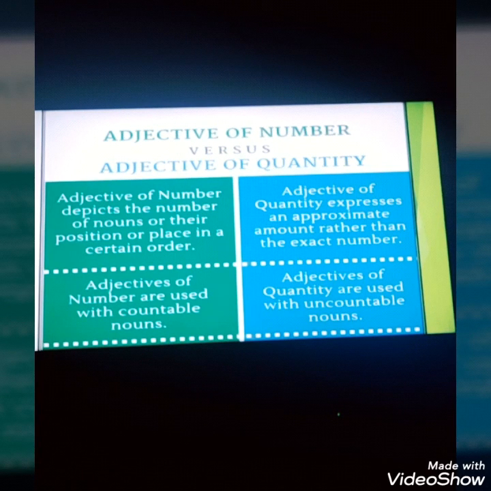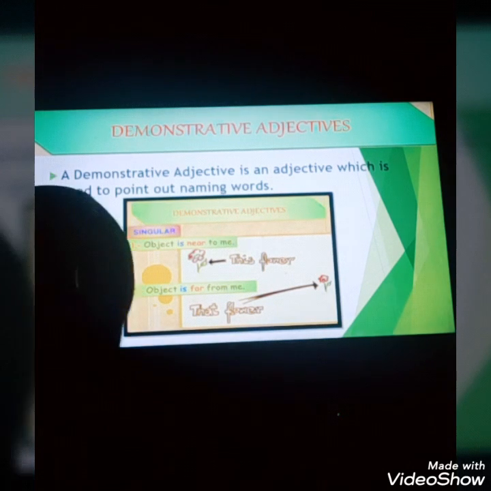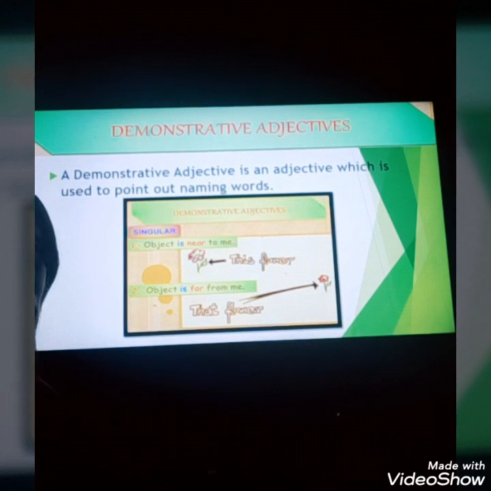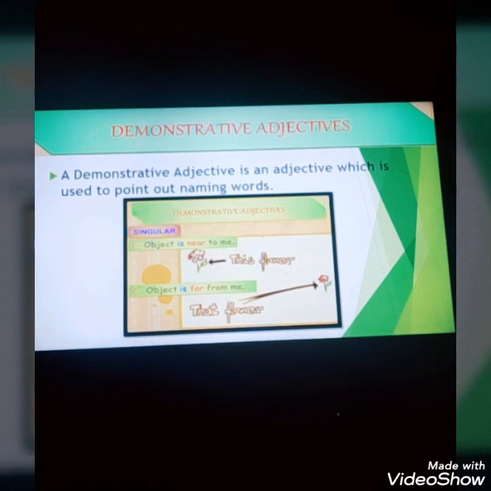Now let us learn the next kind of adjective, that is demonstrative adjective. A demonstrative adjective is an adjective which is used to point out naming words. Naming words are the nouns. The name of a person, place, animal or thing are the naming words.